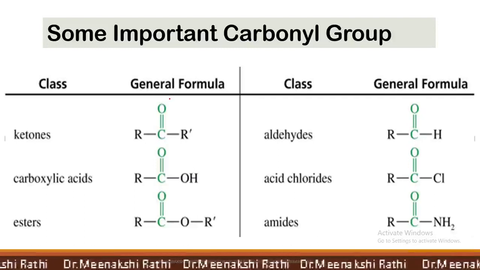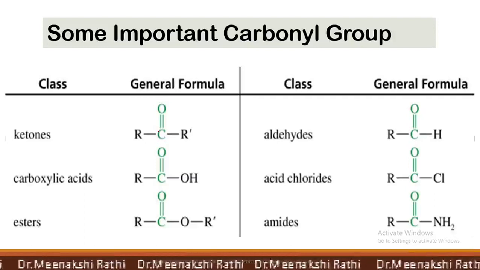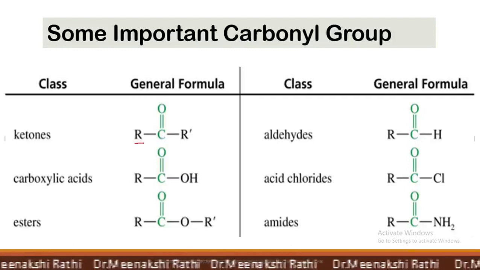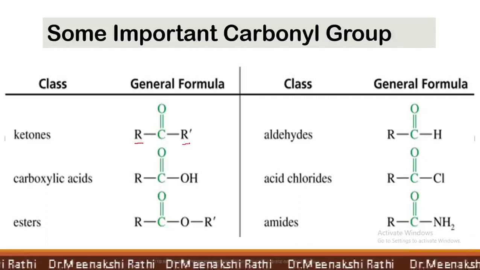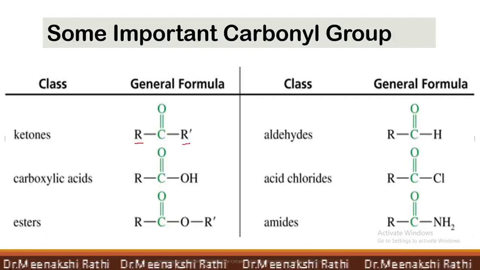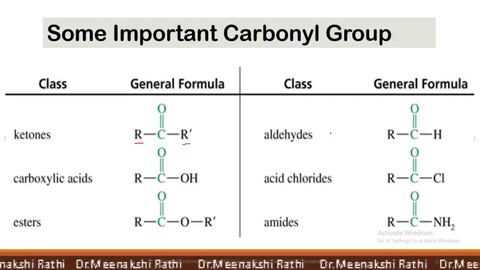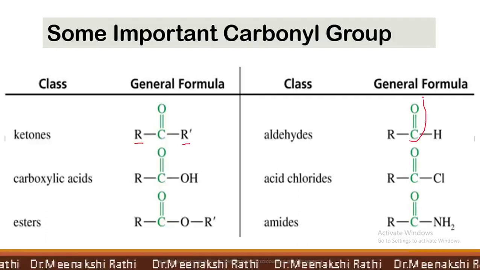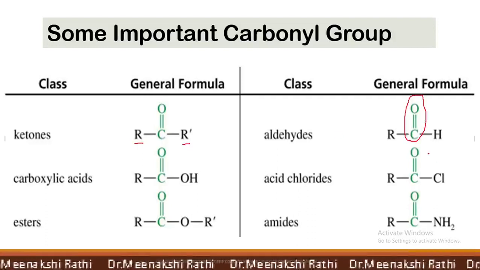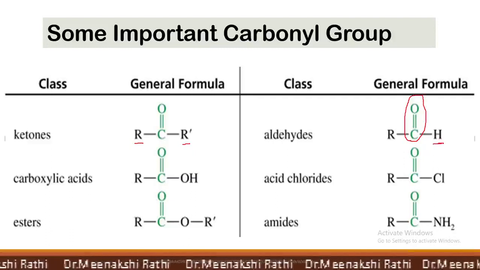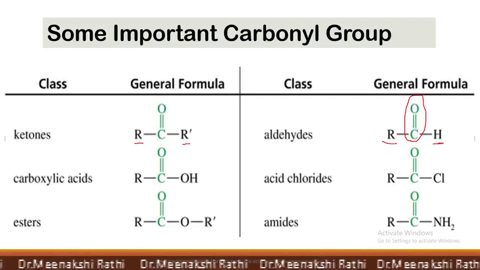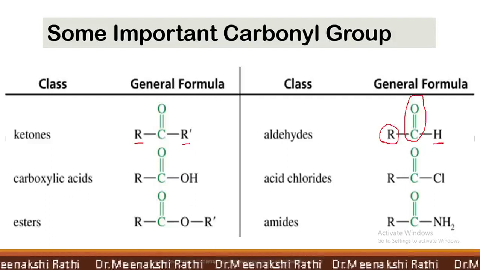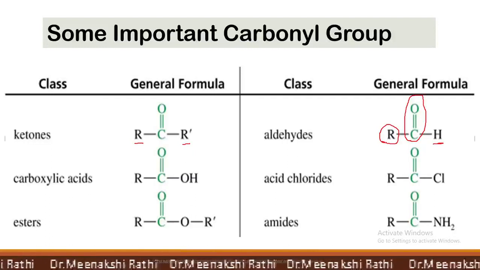If both the valencies are satisfied with R groups, then it is known as a ketone. While if one valency is satisfied with hydrogen and the other with an R group, then it is known as an aldehyde.